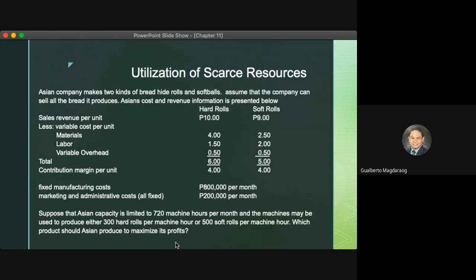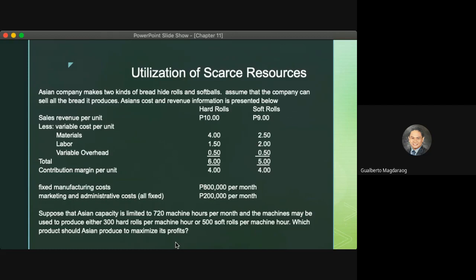Okay, next is utilization of scarce resources. In economics, everything is scarce. So ganun din sa business, lahat ng bagay ay merong limitations, are limited. So if we have limited resources, we have to maximize the utilization of it para hindi tayo magkaroon ng mga idle capacity, hindi nagagamit na capacity.